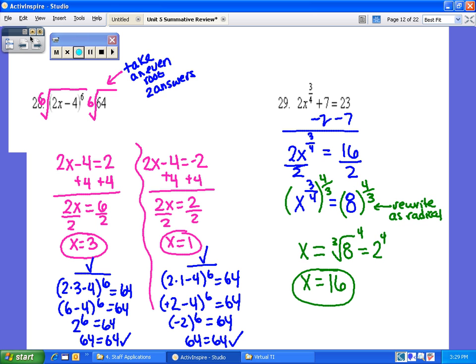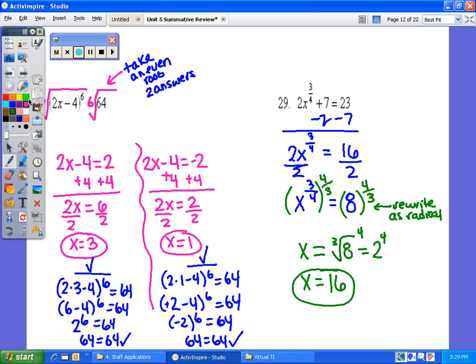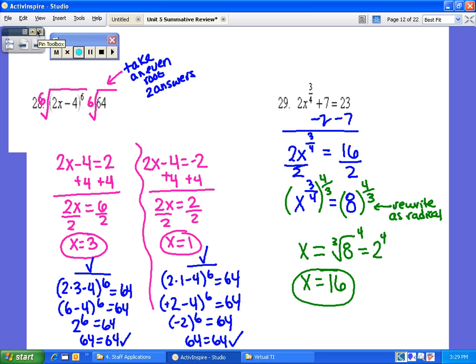Now, if you want to check that, we're going to do 2 times 16 to the 3/4 plus 7 equals 23. Never touch the right side of a check. So this is really the 4th root of 16 cubed plus 7.